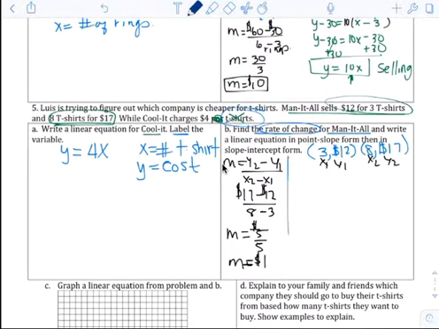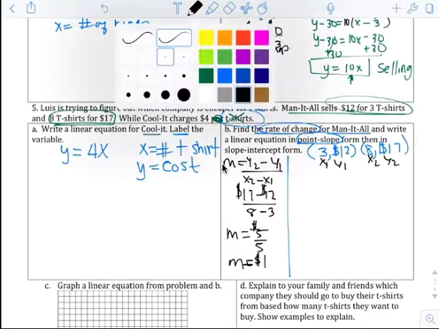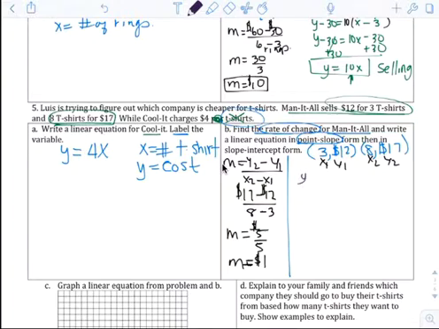Okay, so then they want it in point-slope form. That is y minus y1 equals m times parentheses x minus x1. Y minus y1, which is 12, equals m, which is 1, times parentheses x minus x1. Oh, no, x1 is 3, right?